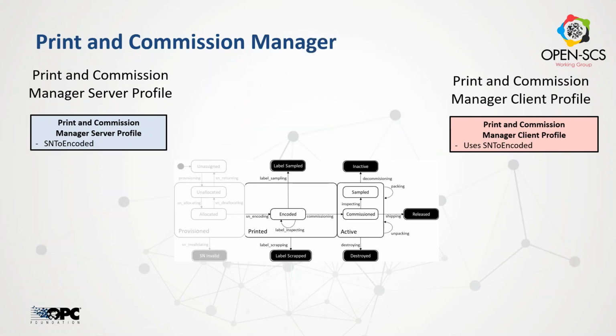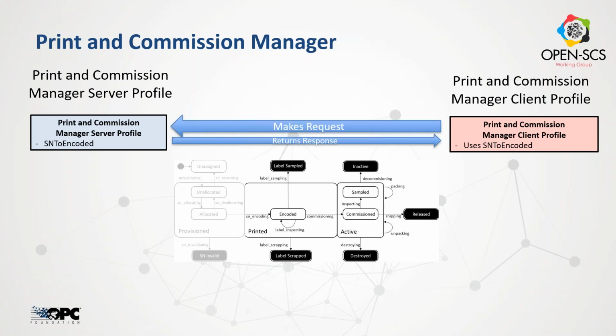And then finally, though, we have the serial numbers that go down to the encoded. So this one's named a little bit different, but it's really the print and commission manager server profile that basically says at the point in time, the serial numbers go to something where they're going to be encoded and then placed onto the products. That's where we use this. So one profile, which is the to encoded profile, where I make that request and I get the data back.